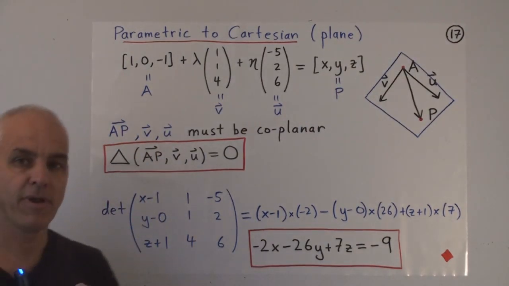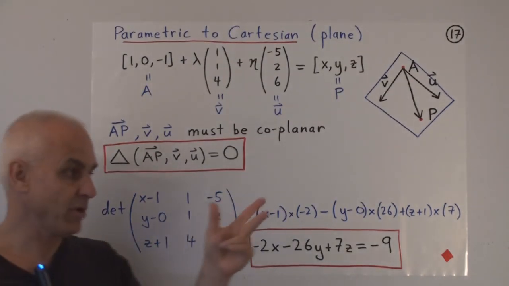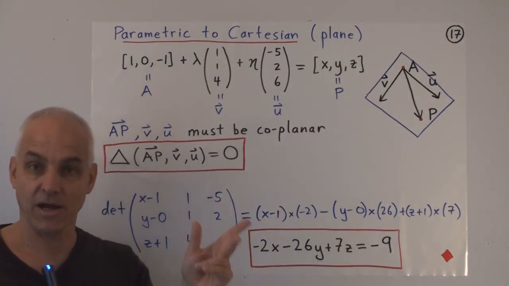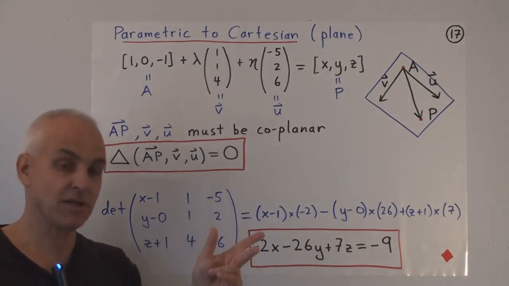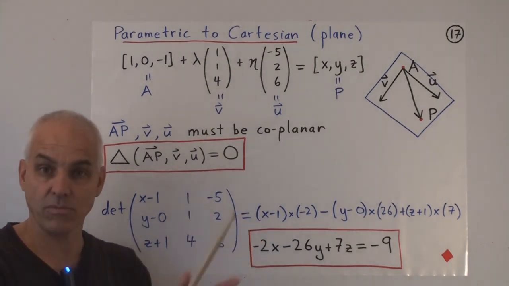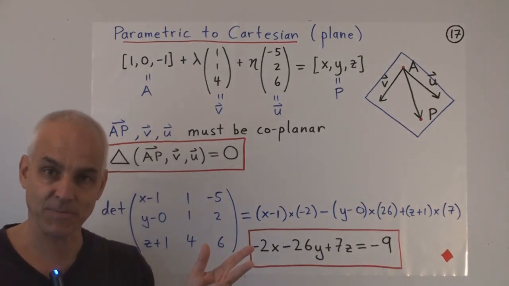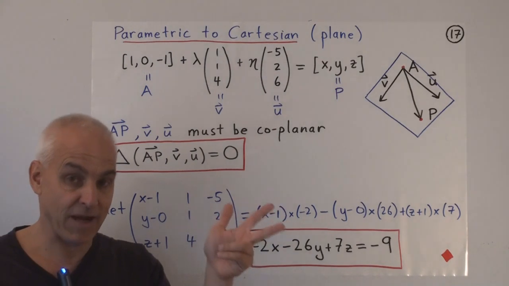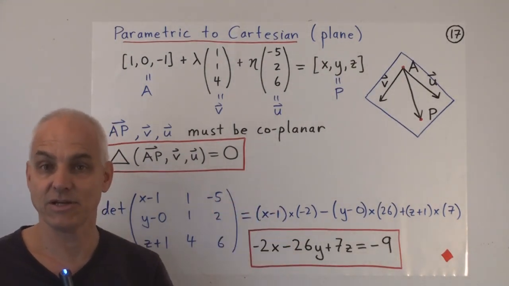Well, we remember the determinant. The determinant we originally thought of in terms of a trivector. We have three vectors. The determinant represents the volume, or the signed volume, of the parallelepiped formed by those three vectors. And if those three vectors are coplanar, then that determinant is 0.